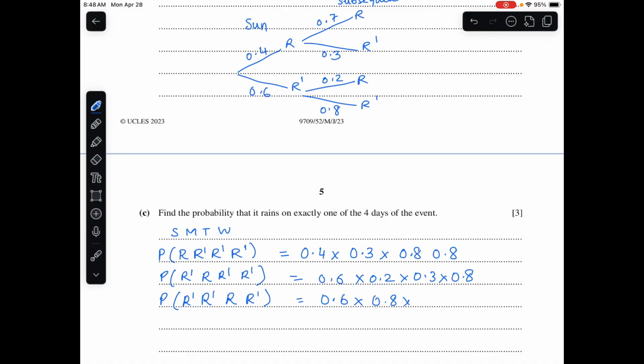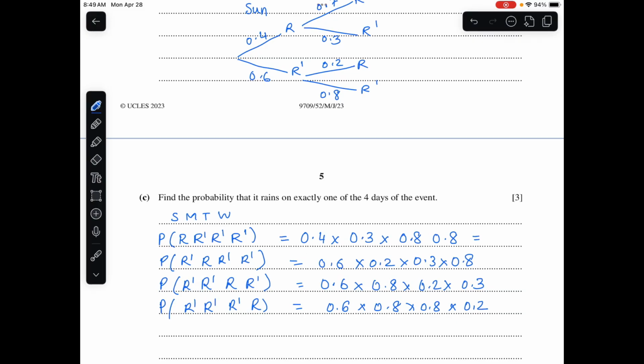Now it's going to rain, so the previous day it didn't rain, now it's going to rain, so 0.2 times, the next one would be 0.3 because it rained on the previous day. It rained here, so go back to the raining, and now it's not raining, so 0.3. The last one would be then doesn't rain Sunday, Monday, Tuesday, and Wednesday it's going to rain, so 0.6, 0.8, 0.8, and the last day it's going to rain, so 0.2.